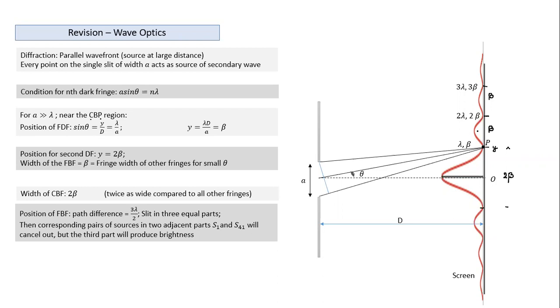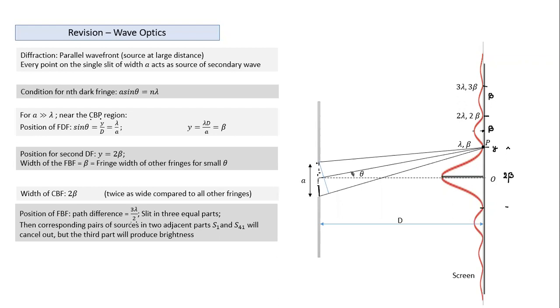Now to find the position of the bright fringe, let's take a point where the path difference is equal to 3 lambda by 2. When it's 3 lambda by 2, I divide this opening also into 3 parts: part 1, part 2, and part 3.